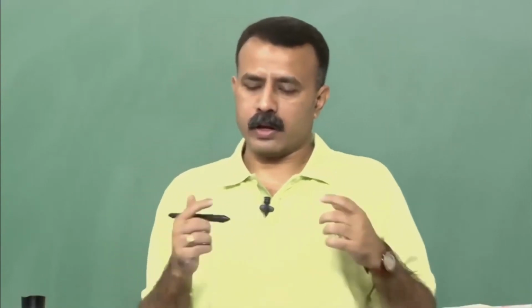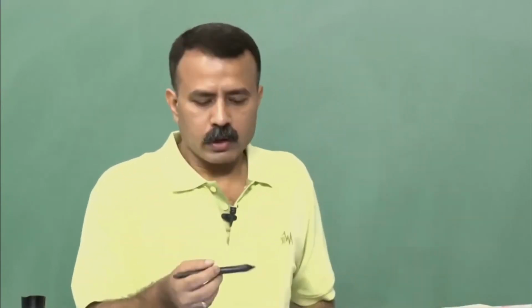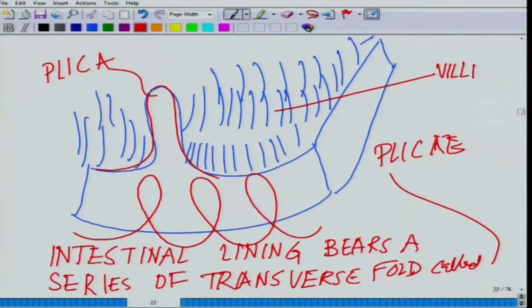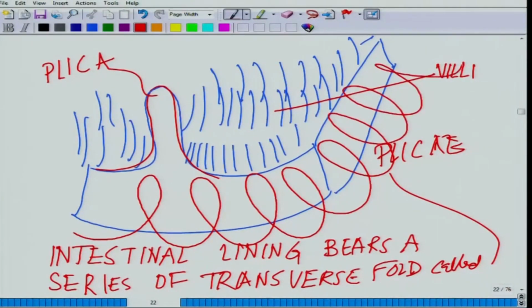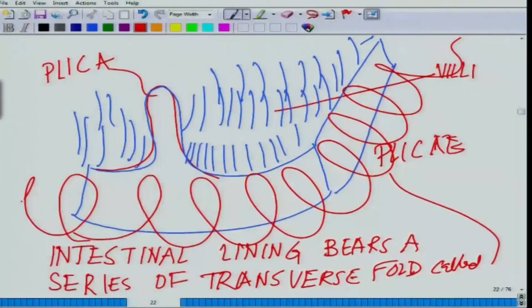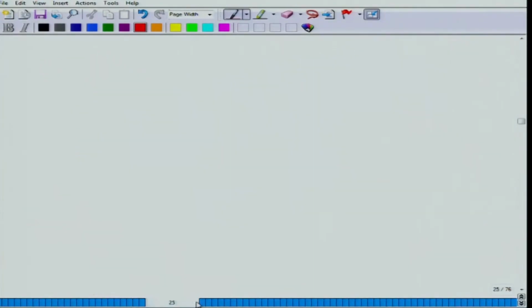So you can understand from the picture, this whole thing will have a lot of blood vessels all around it. These blood vessels are continuously absorbing whatever nutrients are going through the intestine, and this is continuously getting absorbed from the blood vessels and has to be transported for synthesis of different kinds of molecules. Okay. Now, coming back to the slides, let me move on to the next slide.